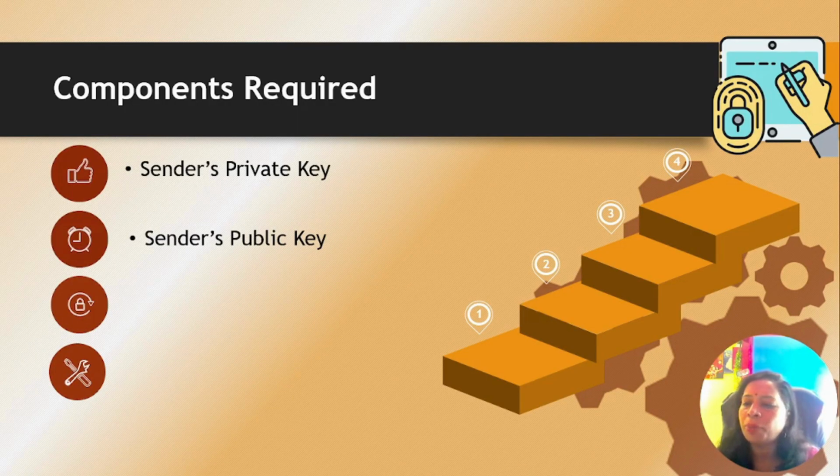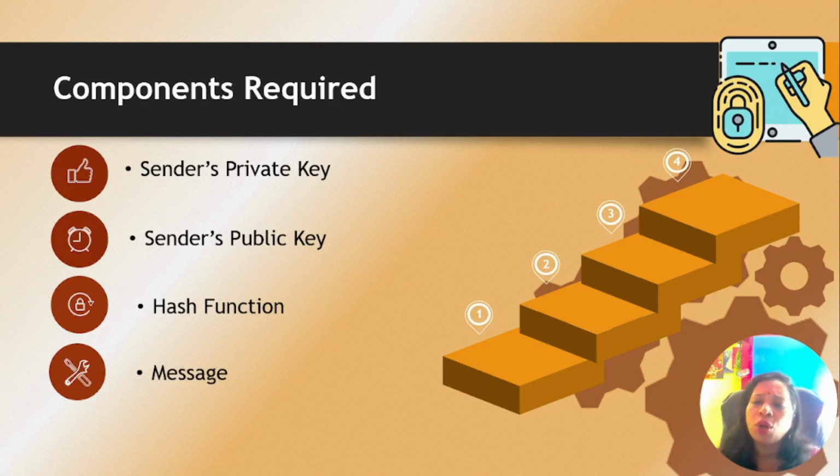The private key is used to create the signature, and the public key is used to verify the message. This key pair is mathematically related. We also require a hash function to create the message digest. If someone signs a message using the private key, anyone can verify it using the corresponding public key.